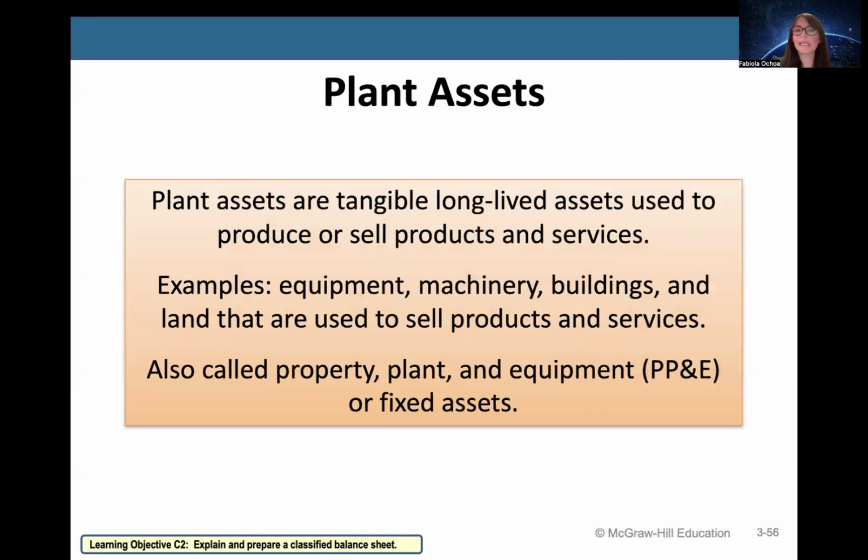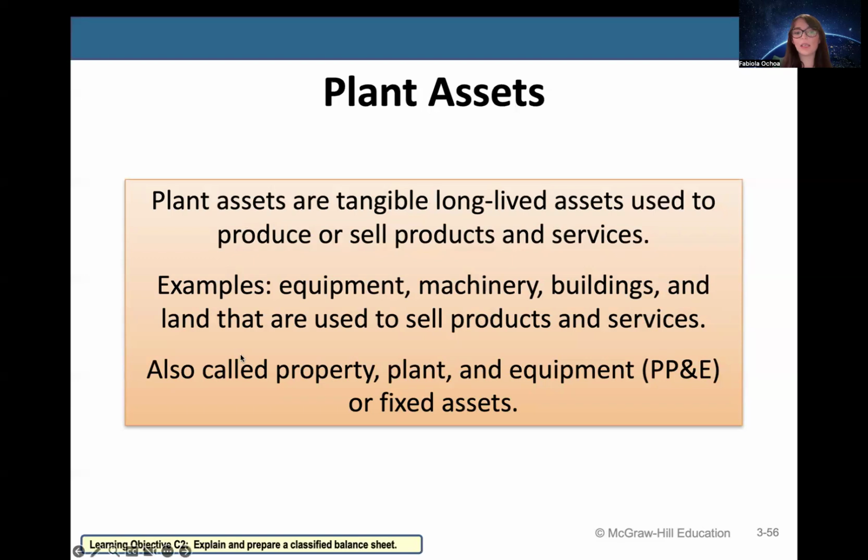Next, you have plant assets. Those are tangible, long-lived assets used to produce or sell products and services. Now, we depreciate most plant assets. Examples include equipment, machinery, buildings, and land that are used to sell products and services.